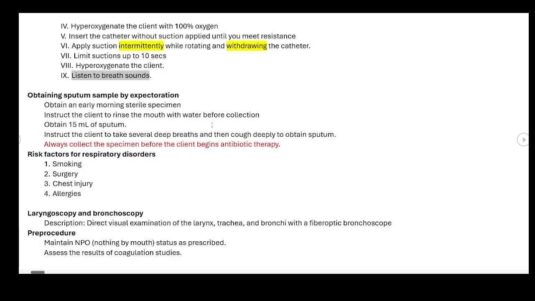Again, you don't want to get material from the mouth because that's not what you are testing for. Another thing to know is that we need only about 15 mL of the sputum. We don't need much. You will then instruct the client to take several deep breaths and then cough deeply to obtain the sputum. Always collect the sputum before the client begins any antibiotic therapy.